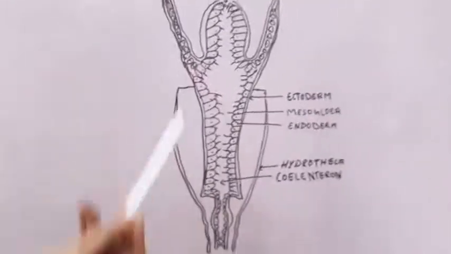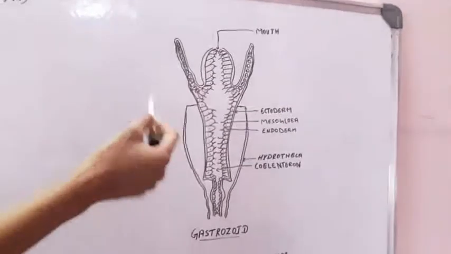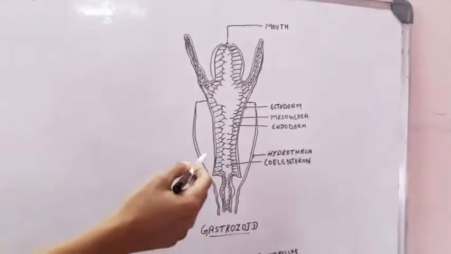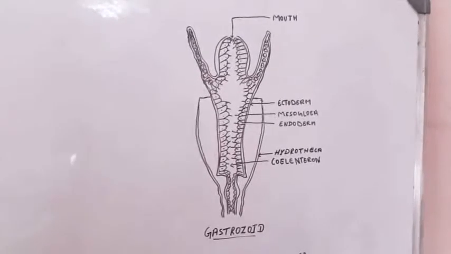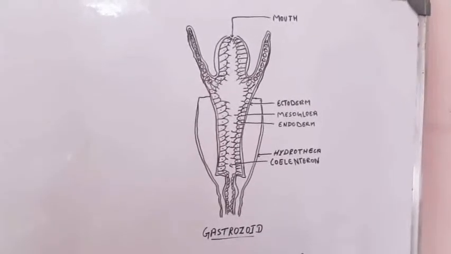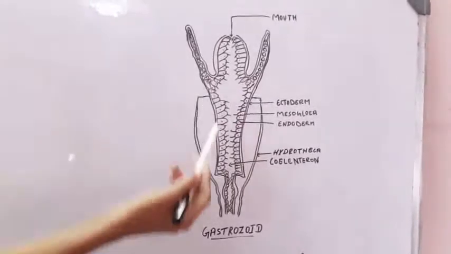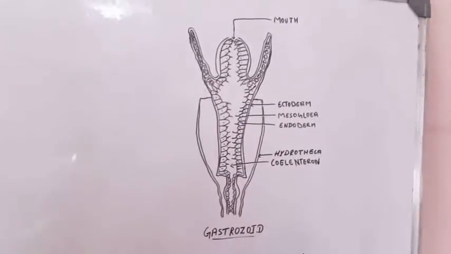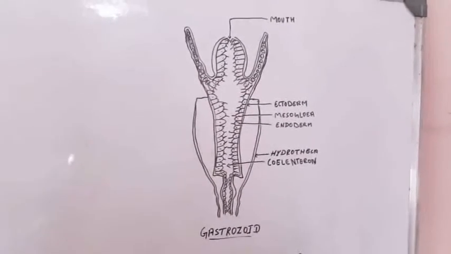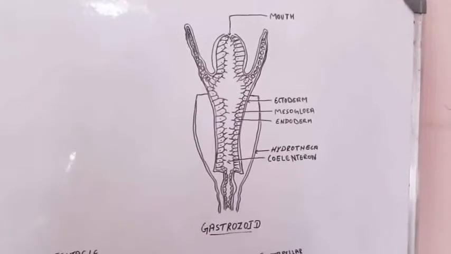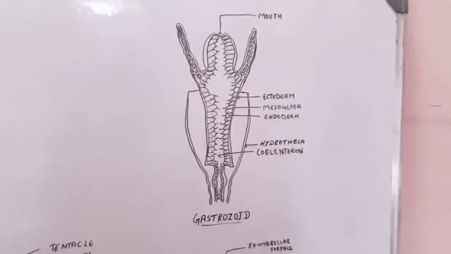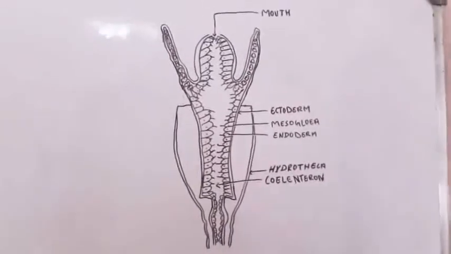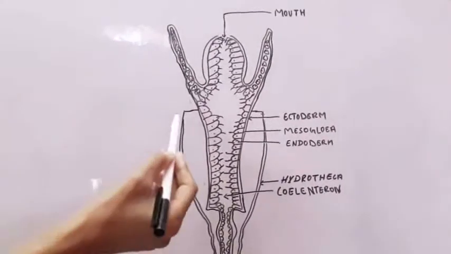You can see here the structure of a gastrozooid or the structure of a polyp. Each polyp is attached to the hydrocaulus. So you already know, from the hydrocaulus the polyps arise. It is covered by a cup-shaped hydrotheca.